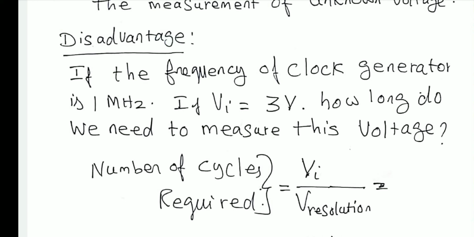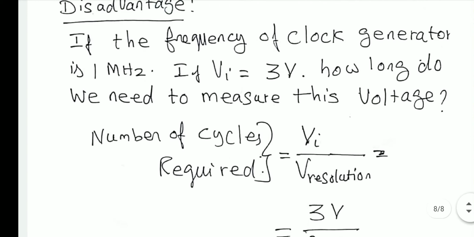See, for example, if the clock frequency is 1 megahertz and the unknown voltage is 3 volt, how much time is taken by this instrument to give the output voltage? That depends on the number of clock cycles required. So the number of clock cycles required is the input voltage divided by the resolution.